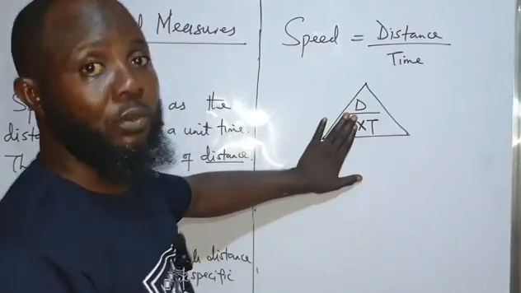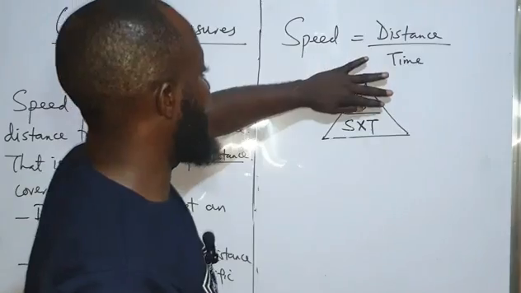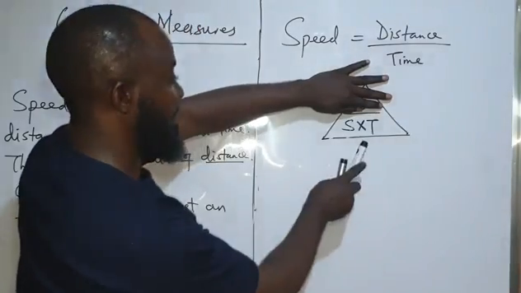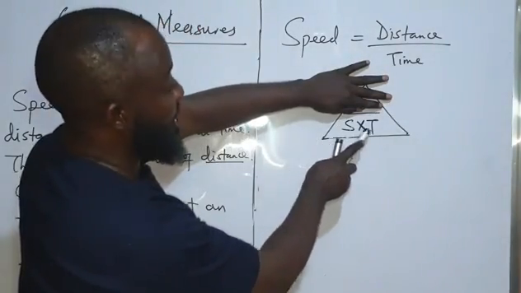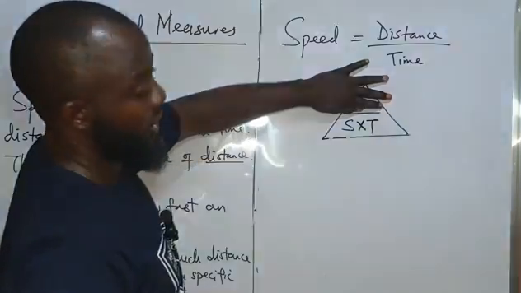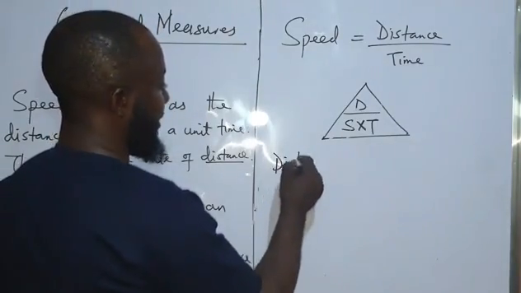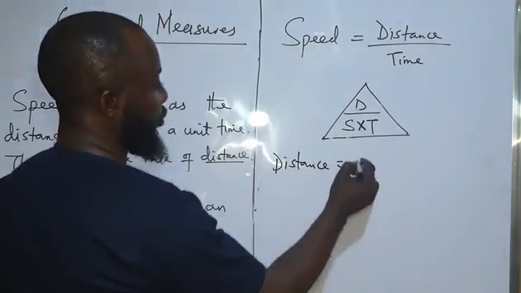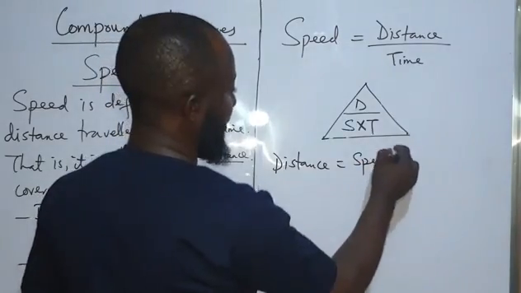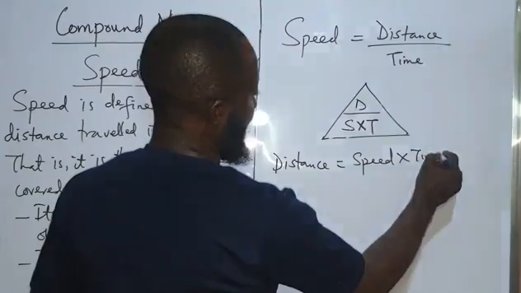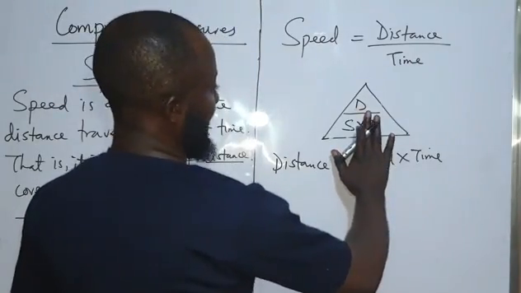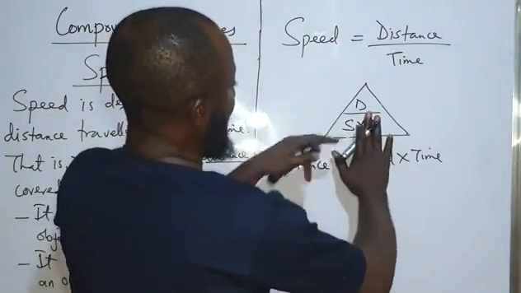But if we are looking for distance, let's cover the distance here. What do we have left here? Speed multiplied by time will give us what? Distance. That means distance is equal to speed multiplied by what? Time. If it is time, it's going to be distance divided by what? Speed.